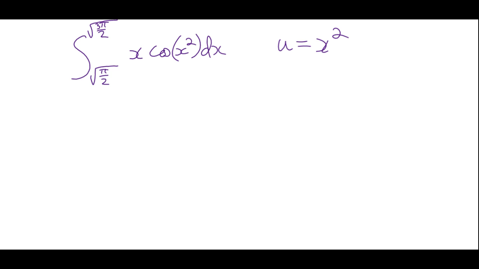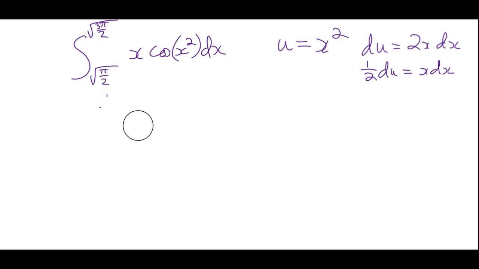That would be bad. So what's du? 2x dx. What's the adjustment we have to make? Okay, so we need an x dx. We've got a 2x dx, multiplied by half, right? Both sides. Okay, so what do we do with the half? We stick it up front.